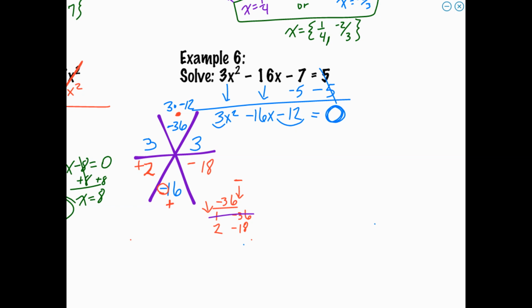Okay. So now reduce. Does 3 over 2 reduce at all? Is that going to reduce? So that's going to be one of my factors. 3x plus 2. Okay. Top one goes with my x because it came from my x squared, right?